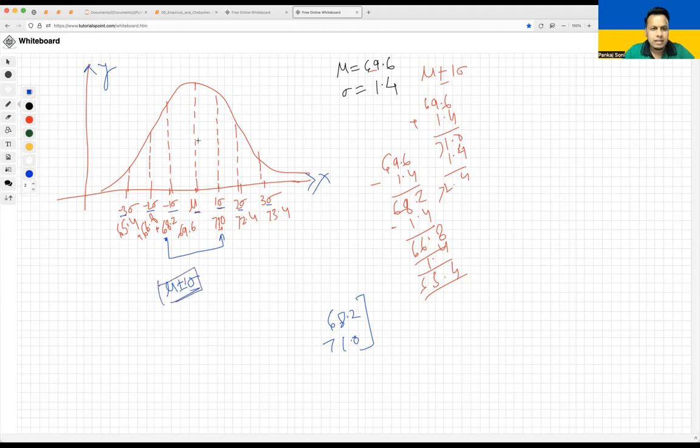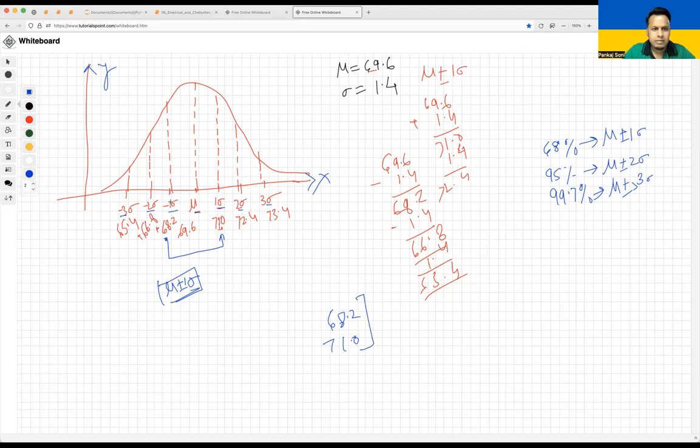So I can clearly say, as per the Gaussian normal distribution, 68% of data falls within mu plus or minus 1 sigma, 95% of data falls within mu plus or minus 2 sigma, and 99.7% falls within mu plus or minus 3 sigma. So now you got the answer. You already know the empirical rule.